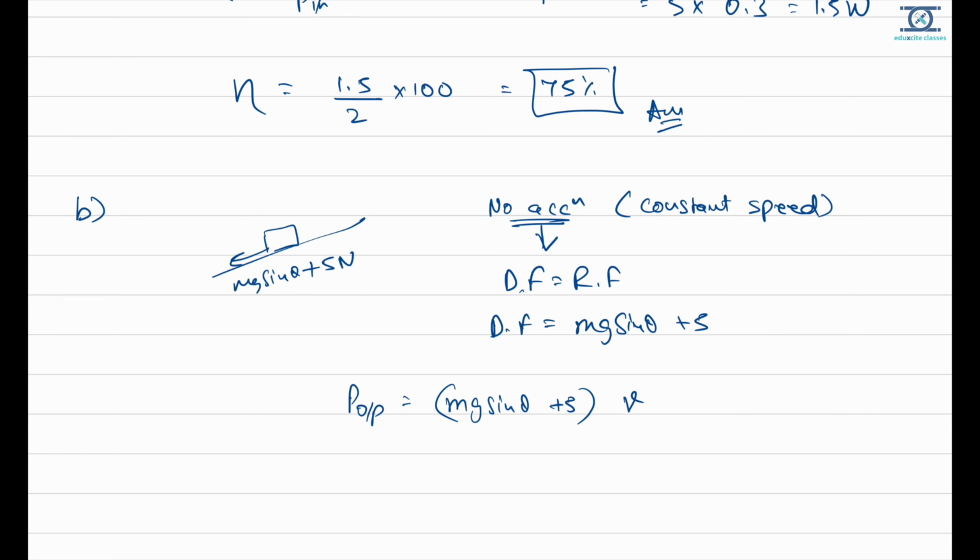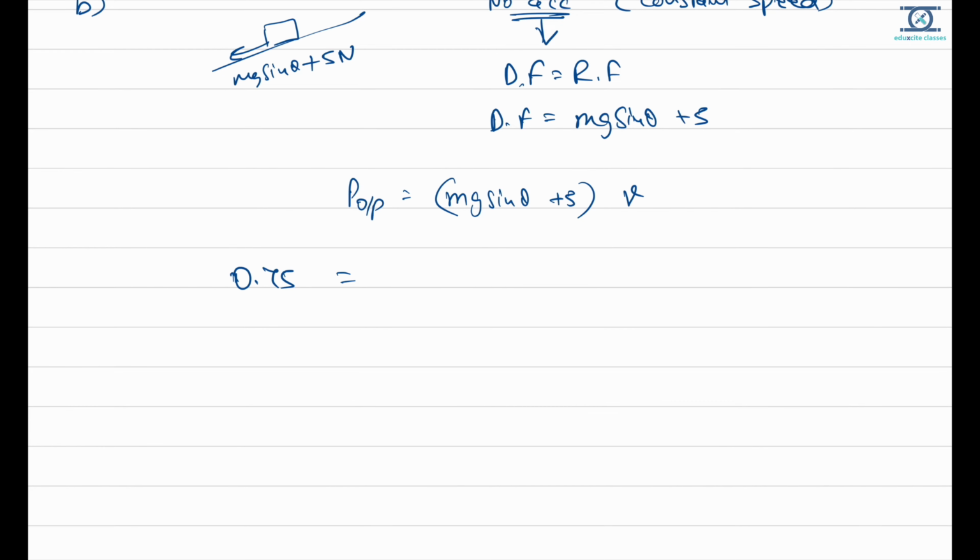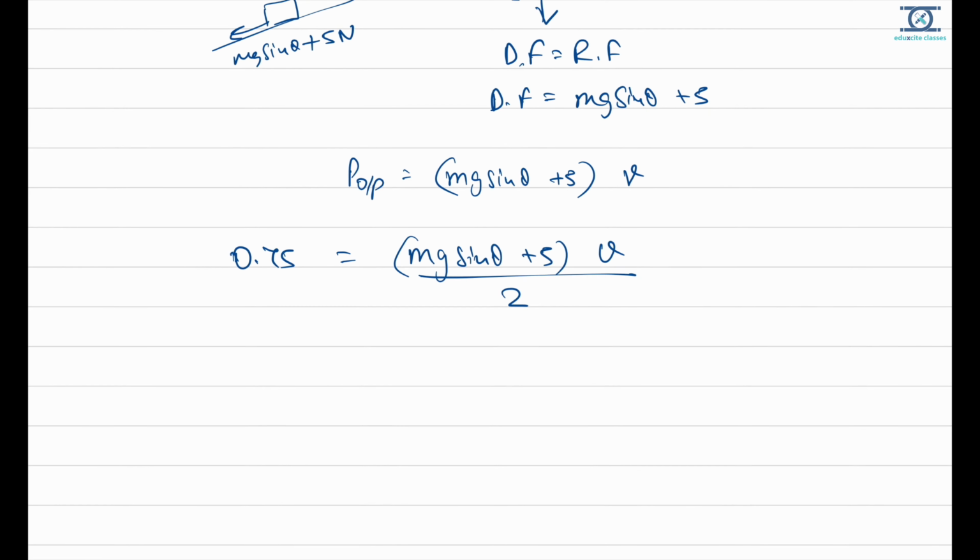And power input will remain the same, so efficiency is also the same, so 0.75 is the efficiency, which equals power output, which is (mg sine theta plus 5) times v, upon power input, which is 2. Now we know the values for theta, g and m, so we can get the value for v.